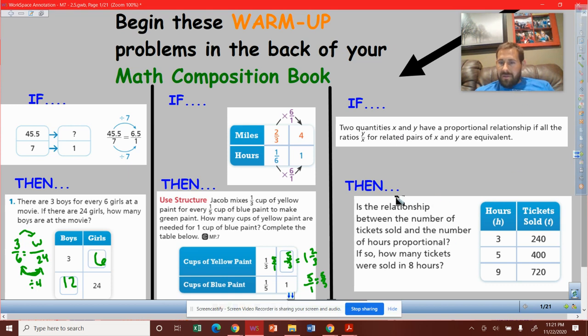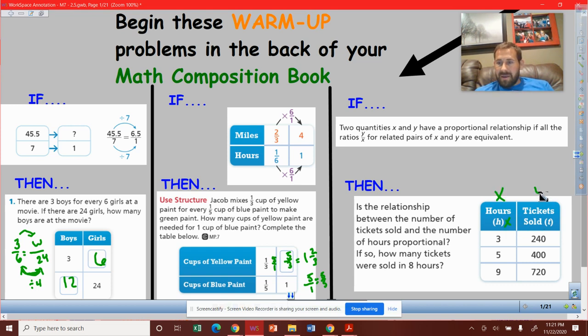So the question here is: is the relationship between the number of hours and the number of tickets sold proportional? If so, how many tickets were sold in 8 hours? We have to do additional work here, but first, this says H and F. Fine, make this an X. Can't really see that.